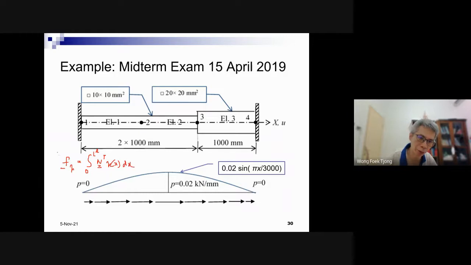So this is the formula from our finite element formulation, from the weak form, after we introduce the assumed displacement function.